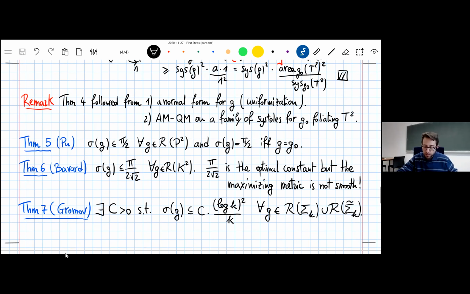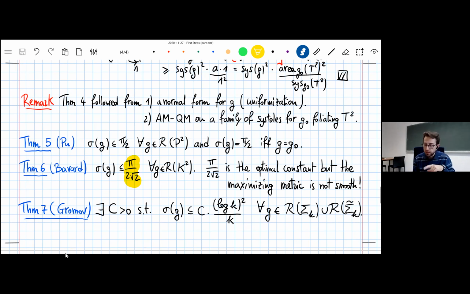You can do pretty well for the Klein bottle. For the Klein bottle, you still know the optimal constant is pi over 2 square root of 2. But here things are not so nice anymore, because the maximizing metric is not smooth. This means that there is a sequence of metrics converging to this optimal value, but in the limit you don't have any smooth metric.